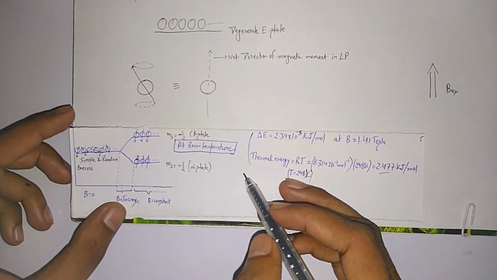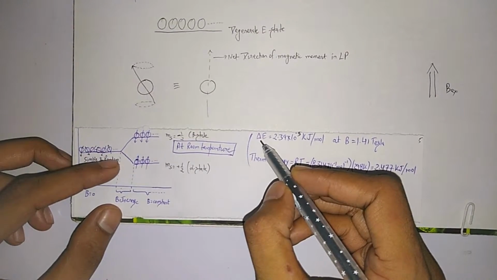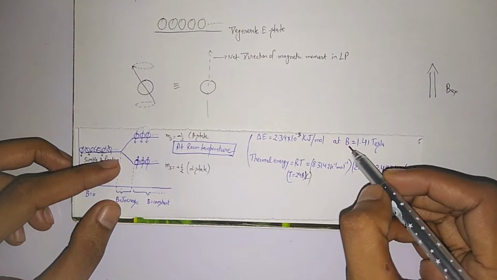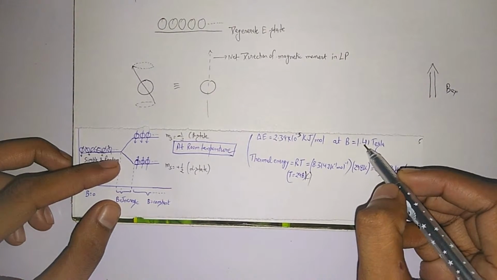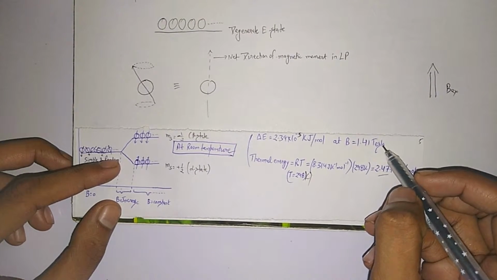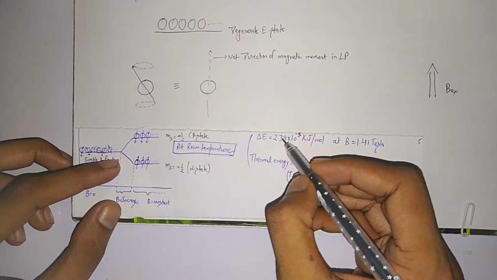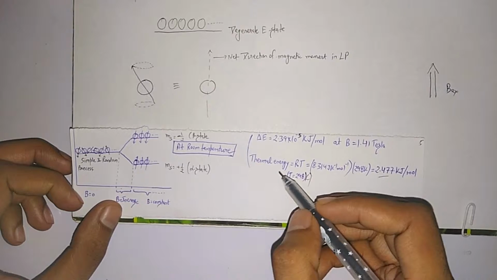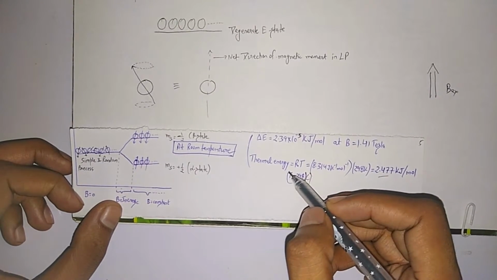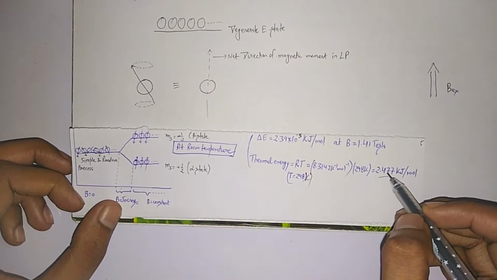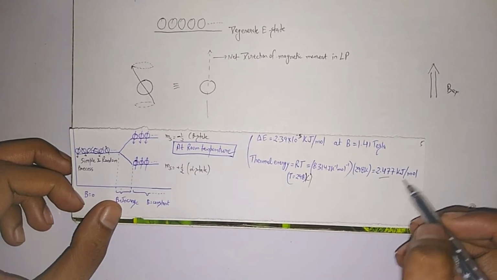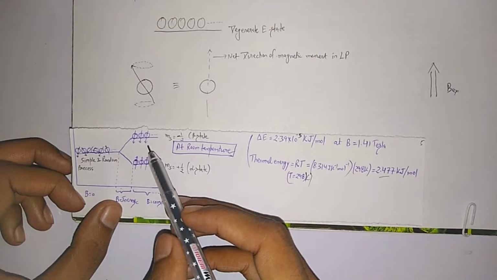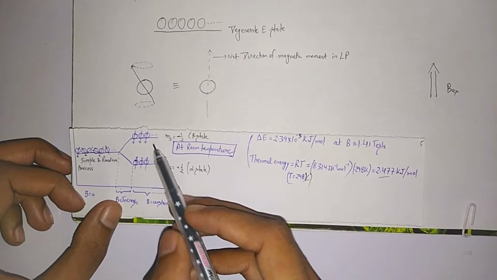The energy difference between the alpha and the beta state of the nuclei at a magnetic field strength of 1.41 Tesla is about 2.39 × 10^-5 kilojoule per mole, and the thermal energy available at room temperature is about 2.477 kilojoule per mole, which is significant enough to populate the beta state also.